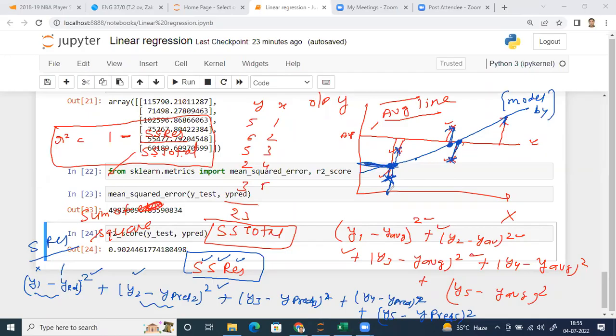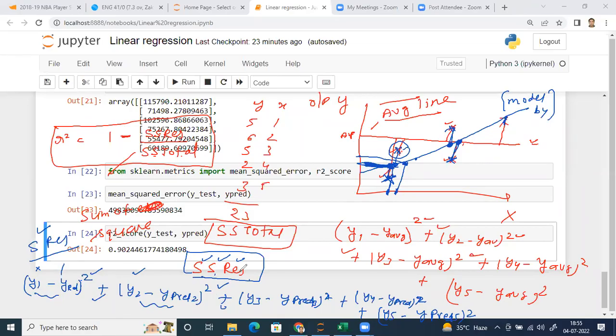Similarly, for actual x here, the corresponding actual value is this point, but as per my model, project this point on the line, wherever it meets, that will be your predicted y value. These are predicted values. This difference is known as residuals. We have done the square of those, the squares of residuals, and we sum these. That's why it is known as the sum of squares of residual. Clear, everyone?